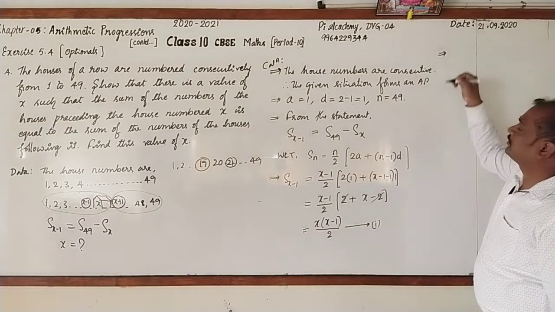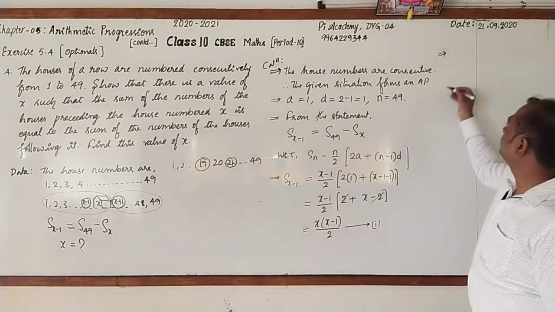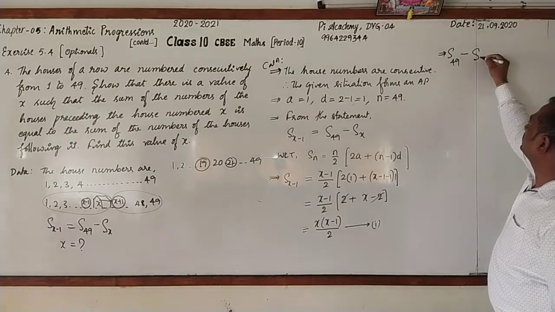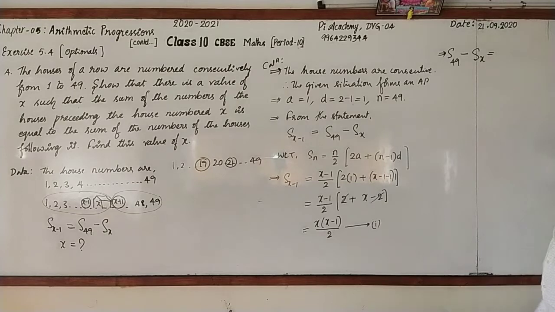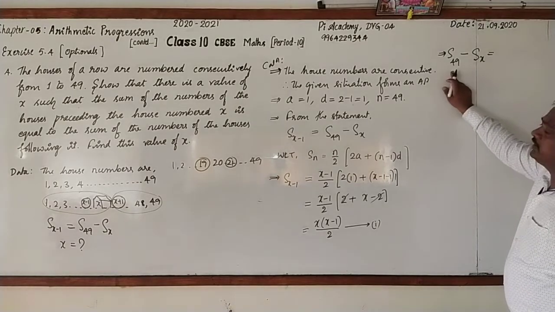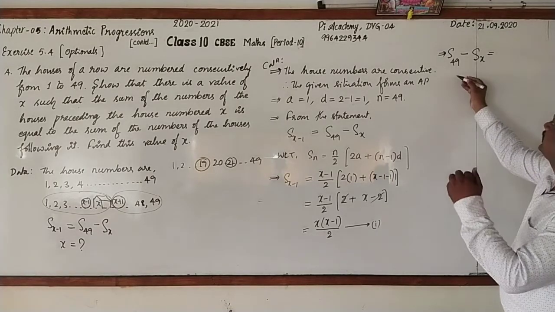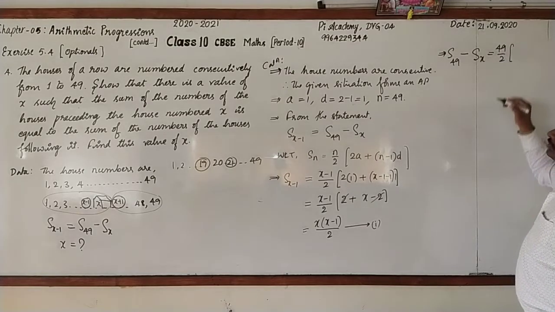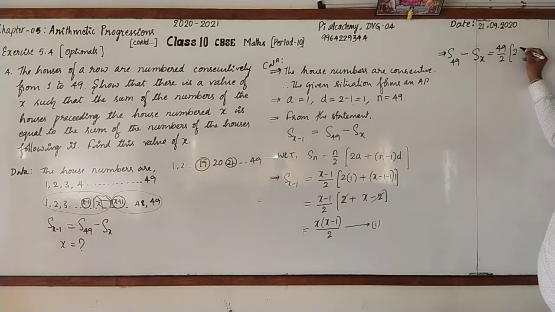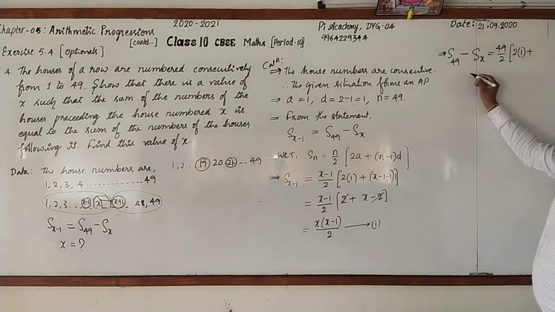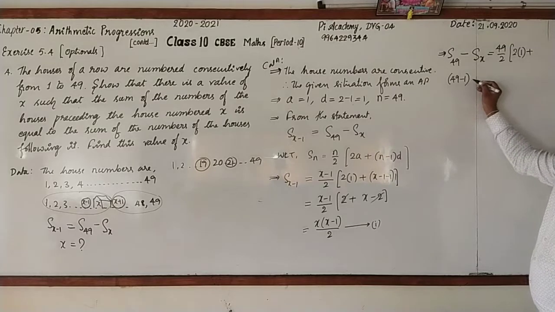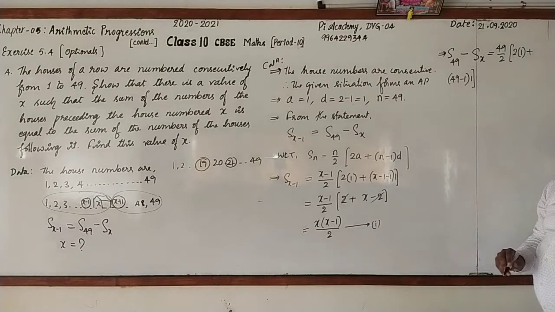What is the second statement? It is S_49 minus S_x. This is equal to... How to write S_49? S_49 can be written as 49 by 2 into (2a, 2 into a is 2, plus (n minus 1) into d), where n is 49, so (49 minus 1) into d, d is 1.